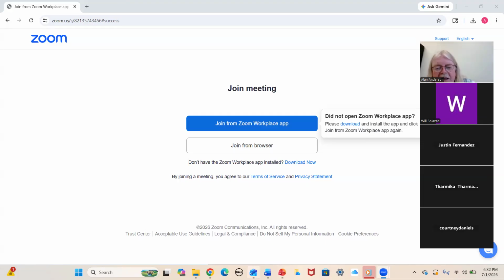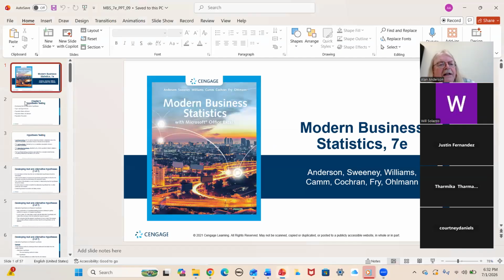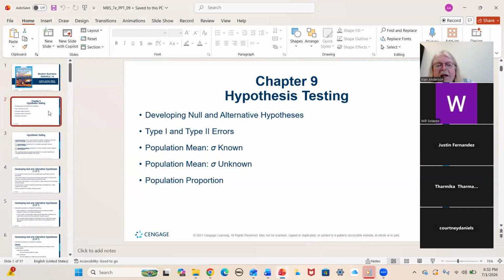So I've got chapter 9 open right here, and this is our first look at hypothesis testing. And hypothesis testing is a procedure that is designed to help us draw conclusions about the properties of some data set or other, given that we typically do not have access to an entire population of data.